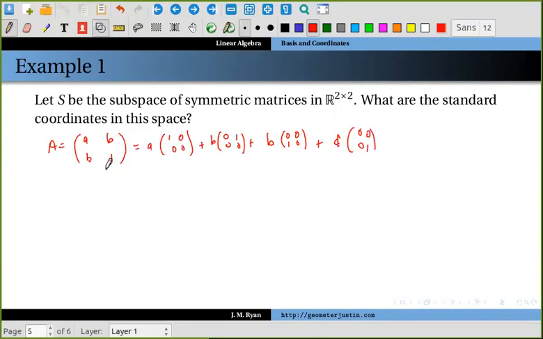The standard coordinates, usually we use E to denote them, are going to be A, B, B, D, vertically like this. The criterion of being symmetric is that the second and third components of the coordinate vector have to be equal to each other. These are the coordinates for this space of symmetric matrices, written in the standard basis of our 2x2.